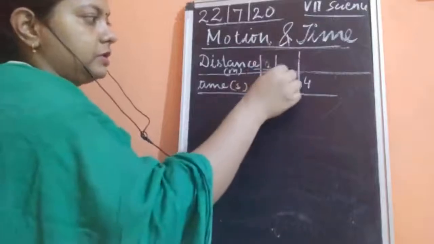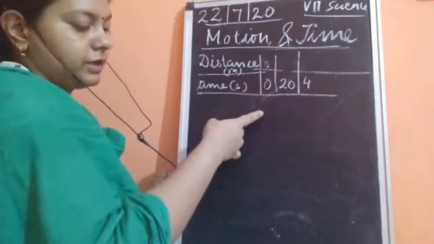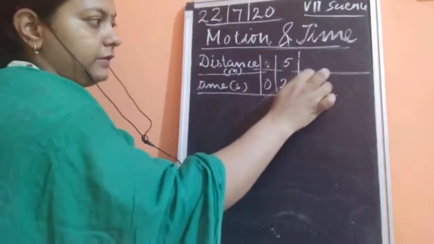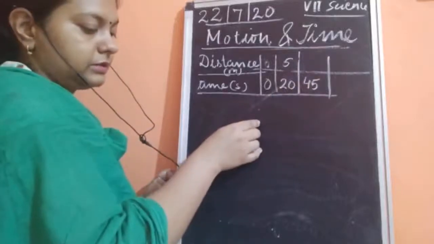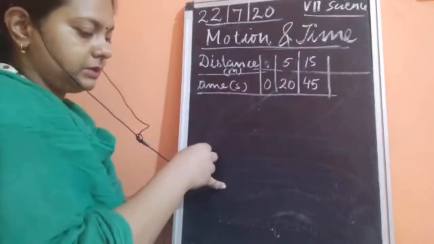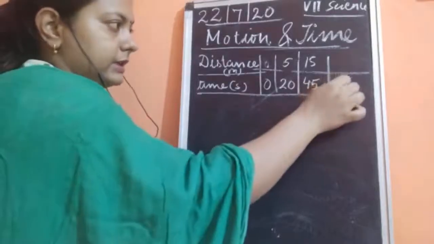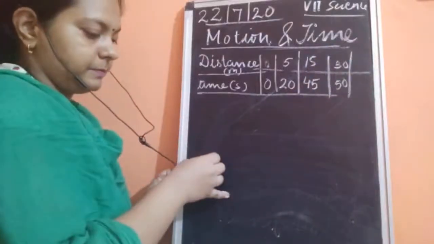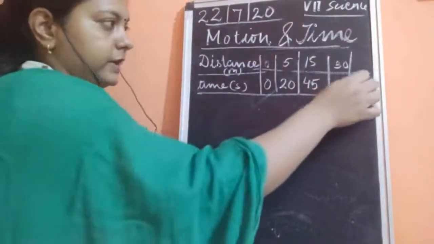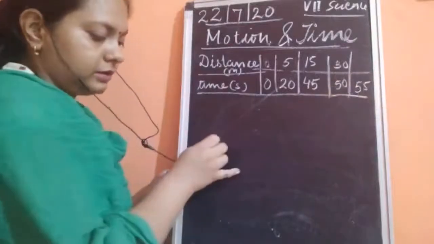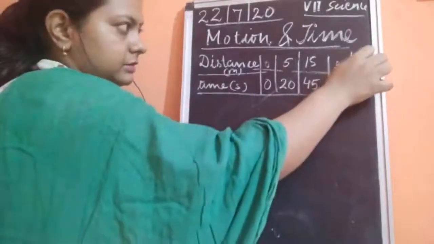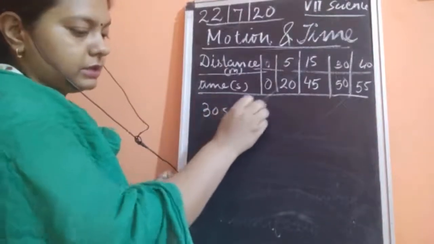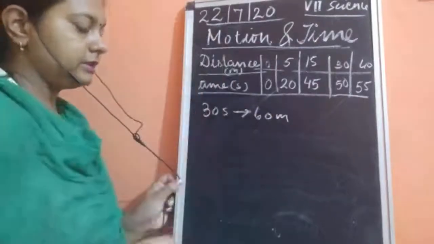If 45 seconds is there, this body is traveling 15 meters. In 50 seconds, it is going to travel how much? 30 meters. Then in 55 seconds, it is traveling 40 meters. And one more data is there, that is in 30 seconds, how much? That is 60 meters. Fine.